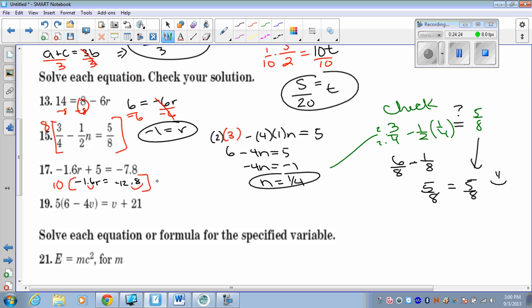So then my new equation is negative 16R equals negative 128. And maybe that's a little easier for you to compute. What do you end up with? 16 times 8, I think, is going to work, right? 16 times 8 is 128, yep. So that means negative 128 divided by negative 16 is positive 8.